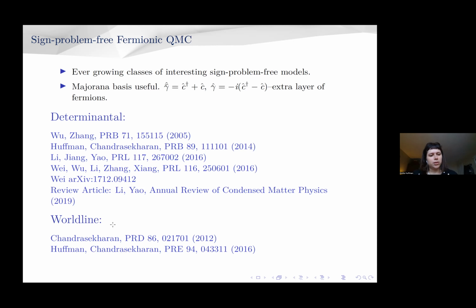But there are some models one can identify with interacting fermions and quantum spins, where the spins can actually help the fermions avoid sign problems. So there are some additional ways of getting around them, but they're more on a case-by-case basis.